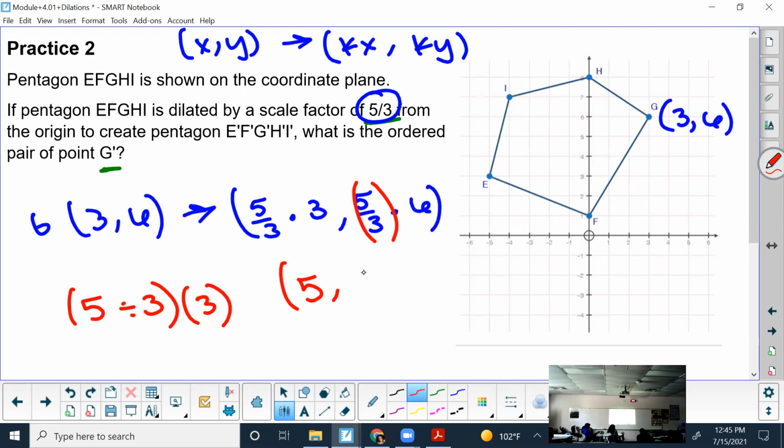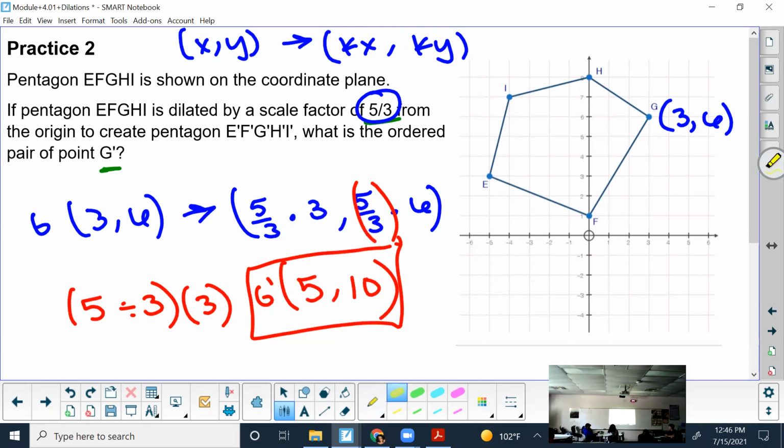If you put it in the right way, what did you get for your new y value? You get 10. So G prime is at the point (5, 10). All right, good. Any questions?